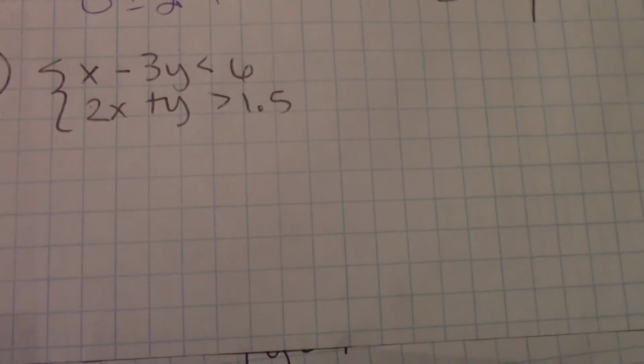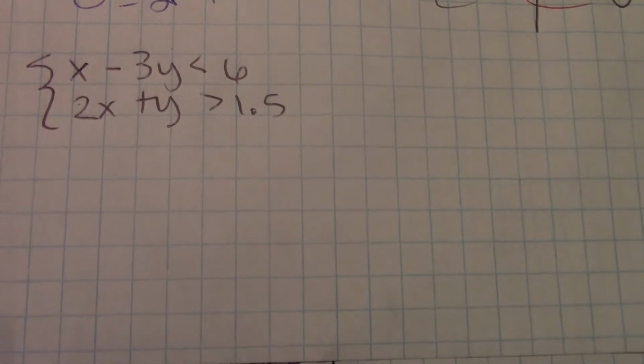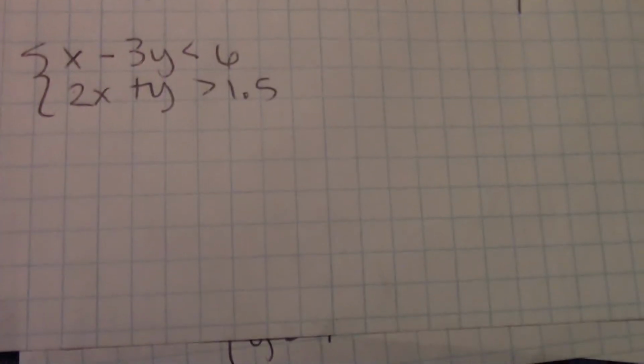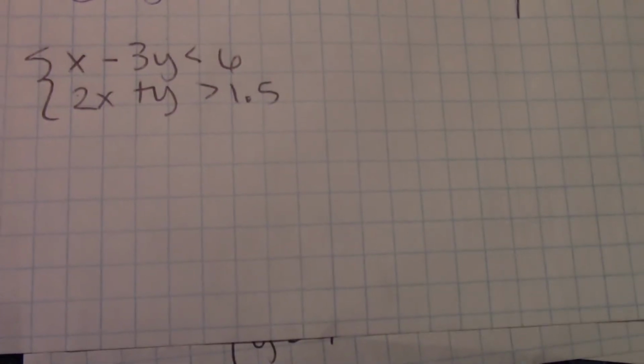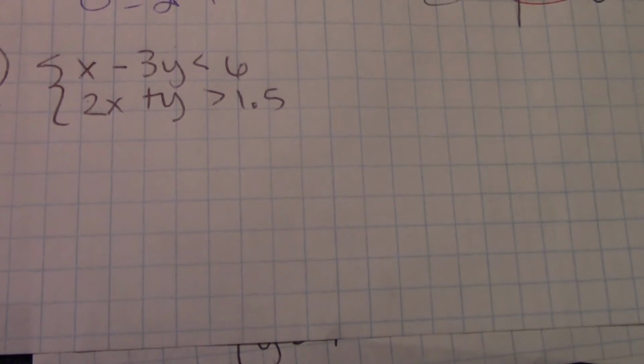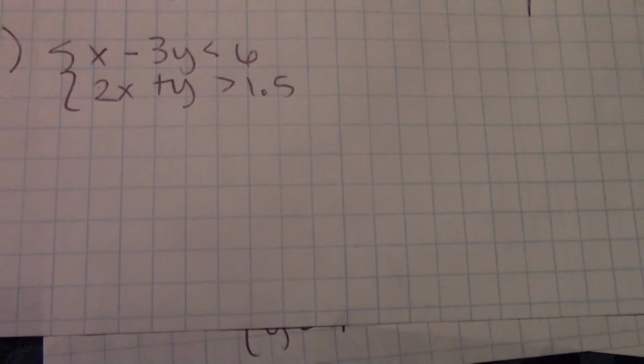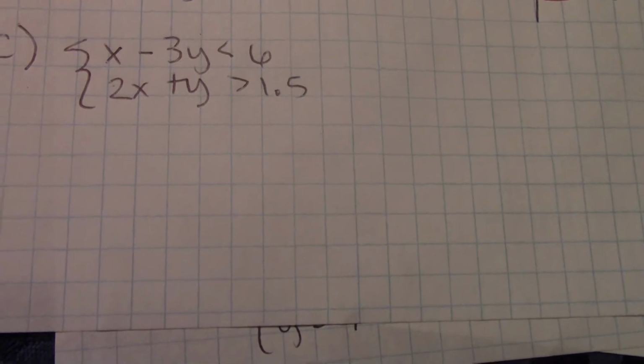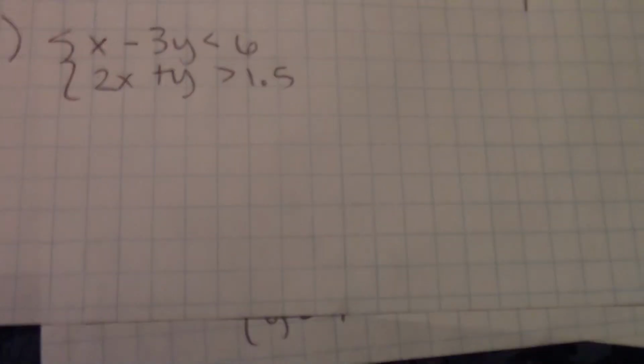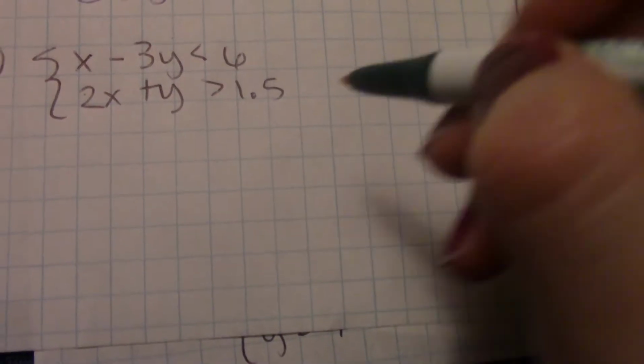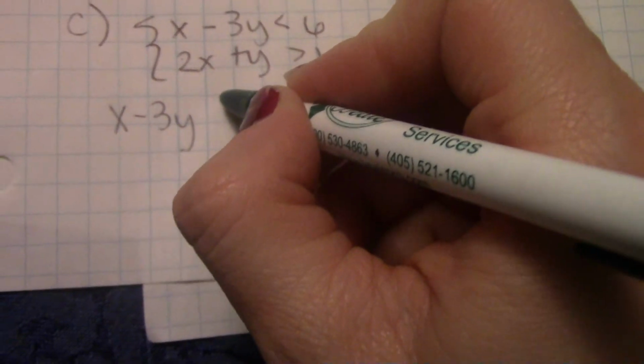x minus 3y is less than 6. 2x plus y is greater than 1.5. So, you may either solve for y and then do it, or you may actually find your intercepts. So, x minus 3y is less than 6.